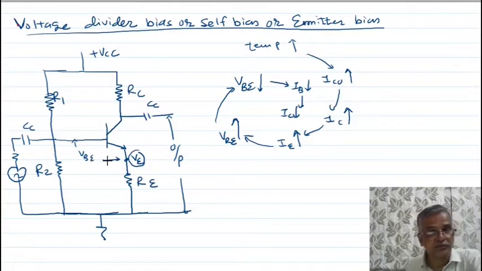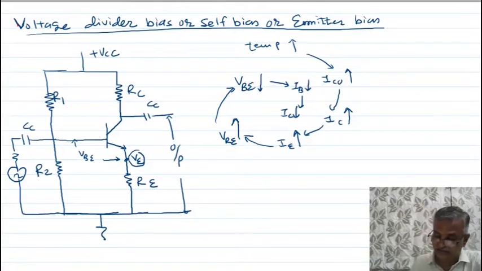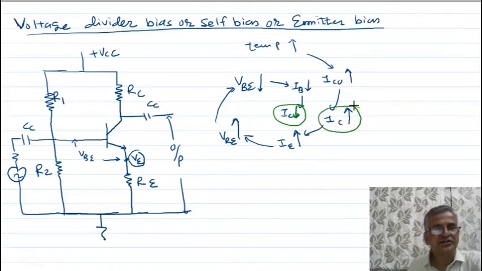You can refer to your previous lecture, you will get some idea. So as VRE increases, VB decreases, base emitter voltage decreases, so base current decreases, as a result collector current decreases. The decreasing collector current tries to compensate the increasing collector current due to the rise in temperature.